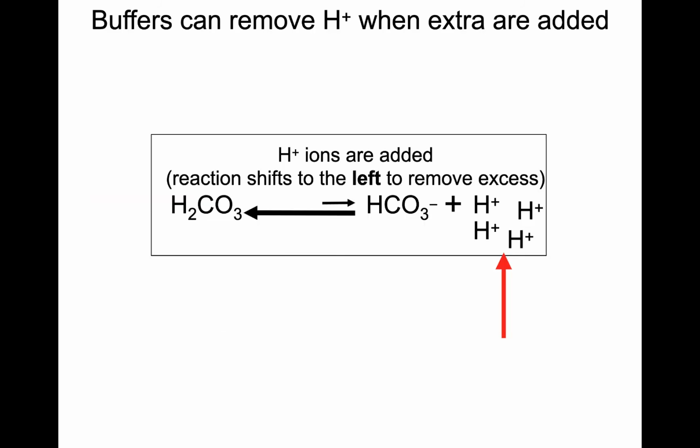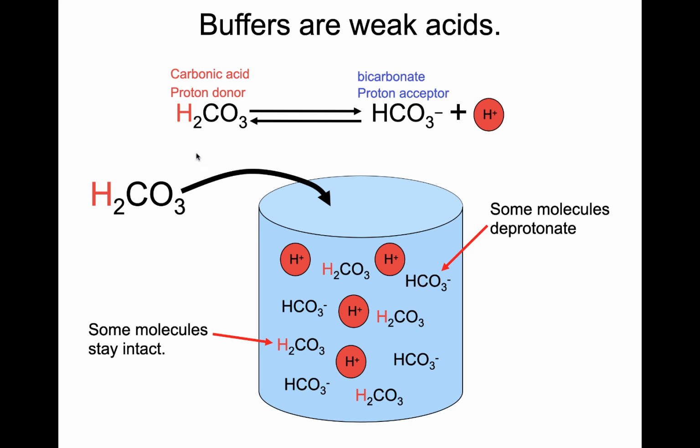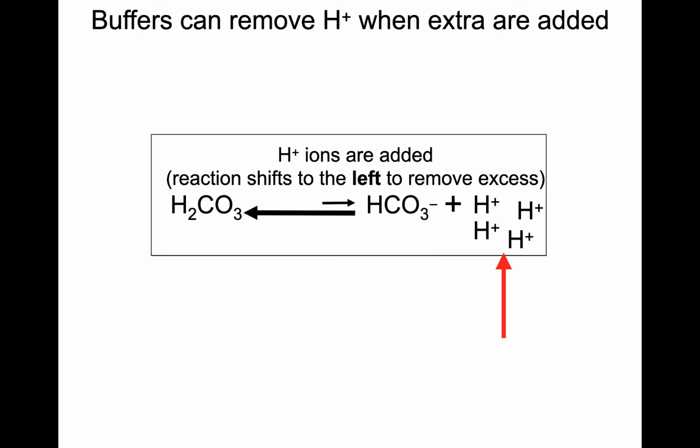So let's take a look at that. Here, we're at an equilibrium. We added our carbonic acid and we reached an equilibrium between the conjugate acid and the conjugate base. Now, let's say that we add a strong acid to that buffered solution. Adding a strong acid means we are increasing the hydrogen ion concentration.